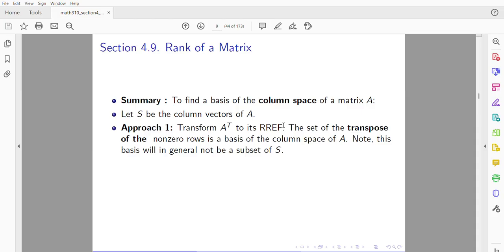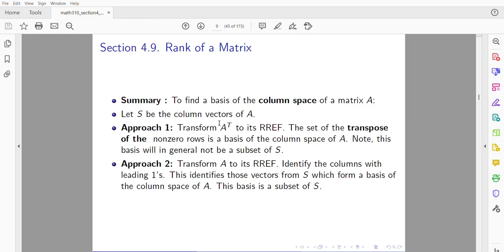The transpose of the non-zero rows will be a basis. So instead of using elementary row operations, you can use elementary column operations. Another approach, if you want to find a subset of S: take A itself, do elementary row operations, identify leading ones, and that will give you a basis. Okay, so notice this is for column space.